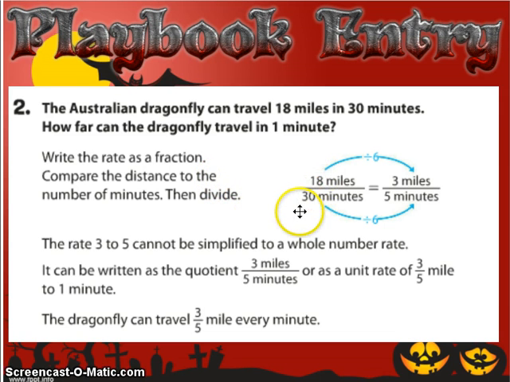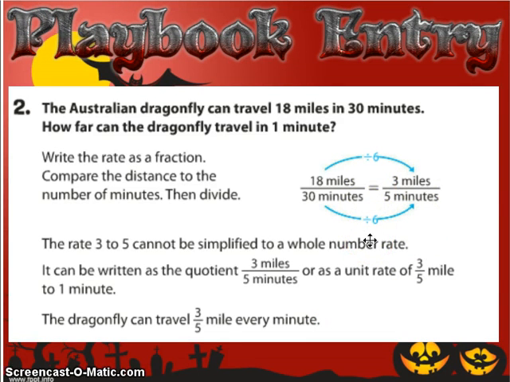Well, luckily, the 6 can go into 18 and 30 to reduce it to 3 over 5. But a unit rate, because we're trying to figure it out in 1 minute, a unit rate has a denominator of 1. But if you notice, it says that the dragonfly can travel 3/5 mile every minute. But I don't see 1 minute here.